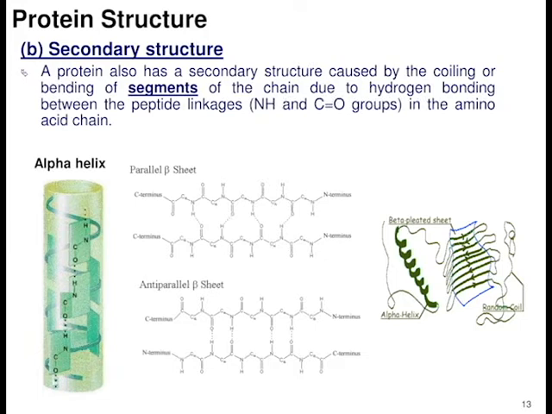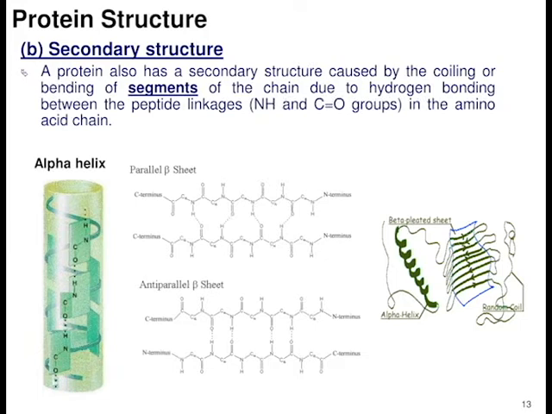Secondary structures of proteins are formed when hydrogen bonding takes place between the peptide backbone of the primary structure. This hydrogen bonding must come only from the peptide linkage, no other R group. Because R groups also contain carboxylic acid, as in aspartic acid and glutamic acid, and arginine and lysine contain NH2. So when there's hydrogen bonding between the peptide linkages, you will generate 2 possible secondary structures.